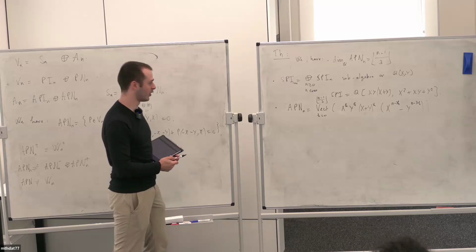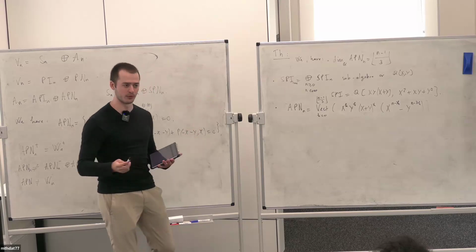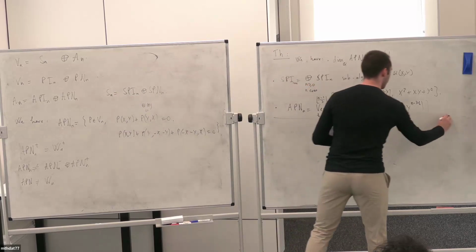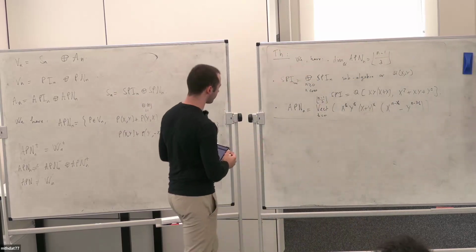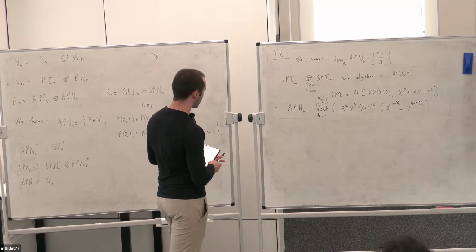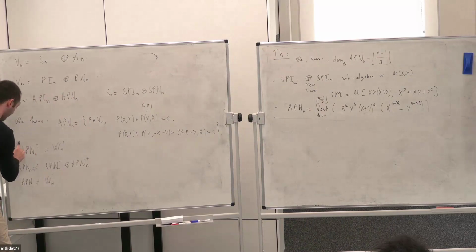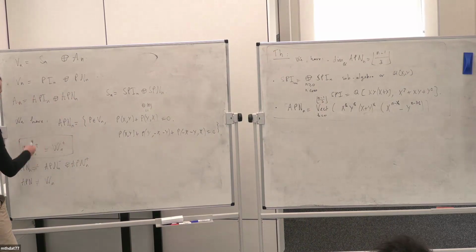And this family is clearly linearly independent. So this forms a basis. The important equality is the fact that APN has a priori no relation with Wn, but APN plus equals Wn plus.